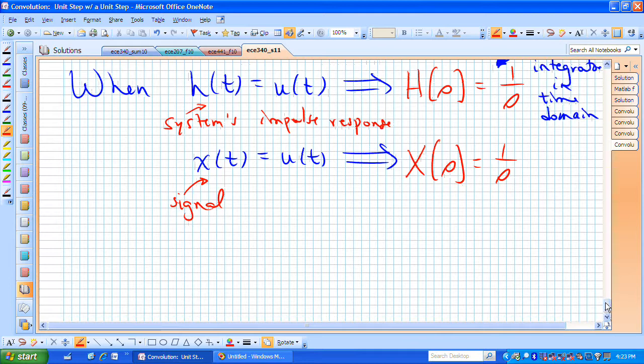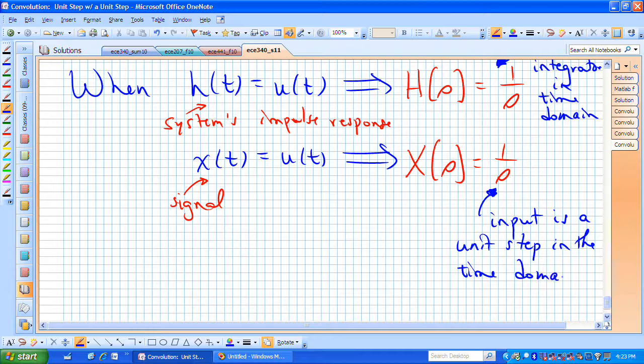Now this frequency domain expression, 1 over s, can be interpreted differently than the 1 over s above. This one is saying that the input is a unit step in the time domain. And if we Laplace transform this waveform of a unit step, we end up with 1 over s in the frequency domain.